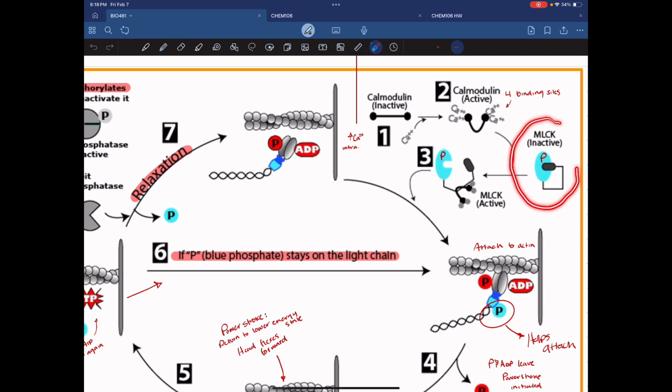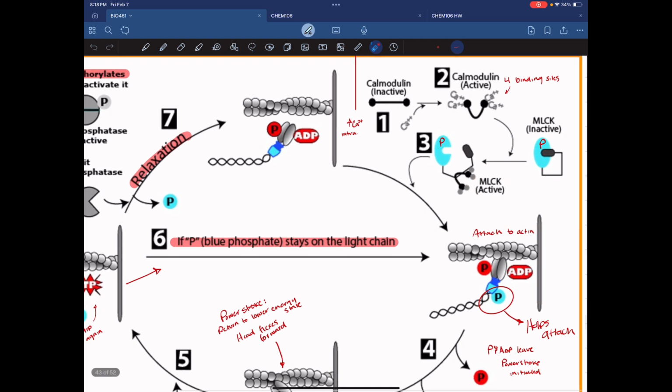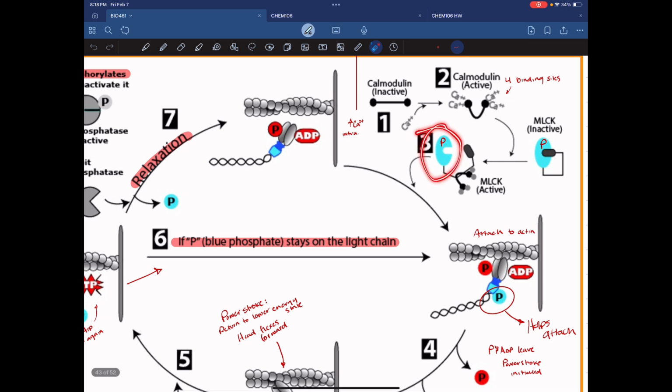Here we have MLCK. Right now you see that it has this bit stuck; it looks like a snake with its tail in its mouth. This calmodulin is going to activate our MLCK. MLCK has a phosphate.